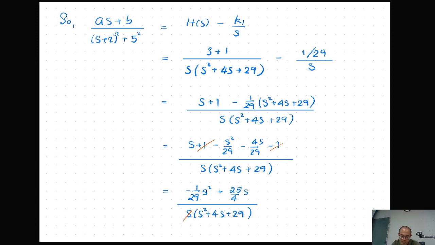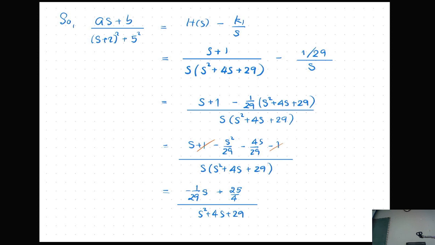S is gone, so the numerator doesn't have the s, and one of the s is gone in the denominator. So I have this. You see, the denominators are the same, and because the denominators are the same, the numerators have to be the same as well.